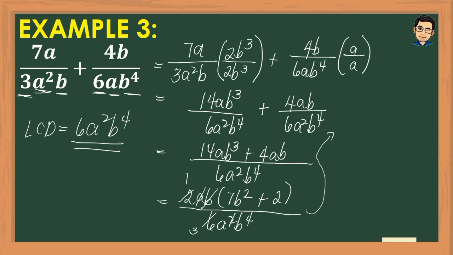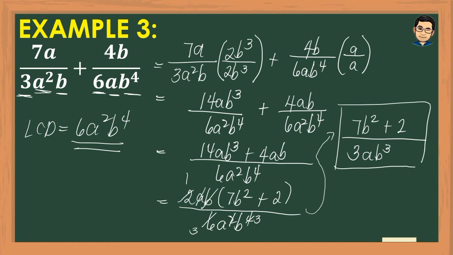And then, yung b to the 4th power, magiging b cubed na lang. So, our final answer will be 7b squared plus 2 all over yung natira sa baba, that is 3 and then, a b cubed. So, our final answer again, 7b squared plus 2 all over 3ab cubed.